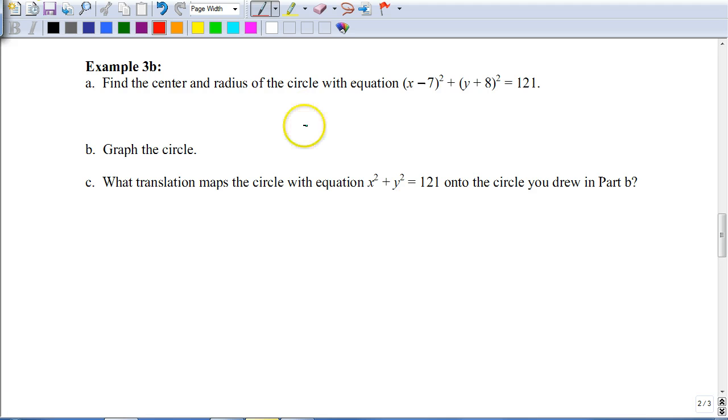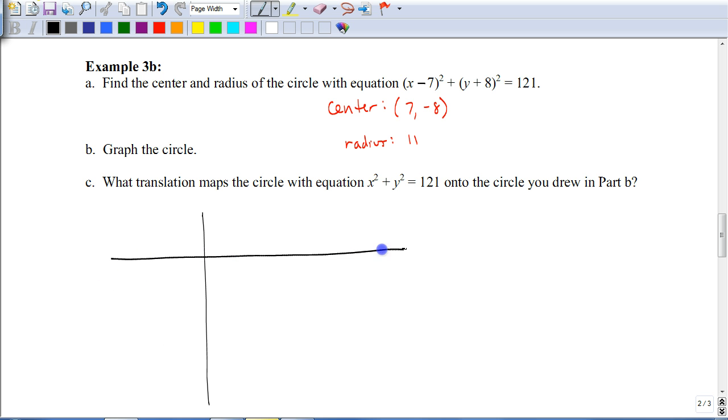Okay, the center for this one, you should have gotten as 7, negative 8, and the radius you should have gotten as 11. When you go to graph the circle, this one I'm going to count by twos.